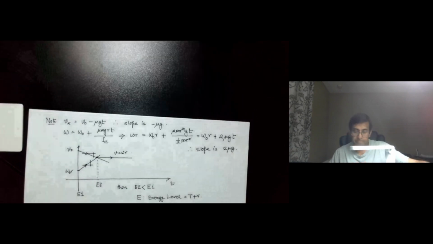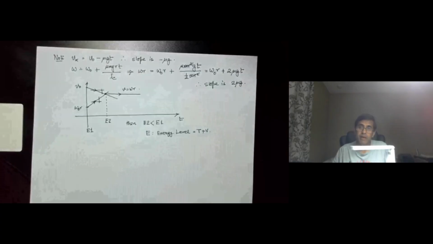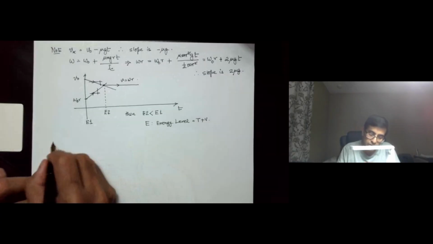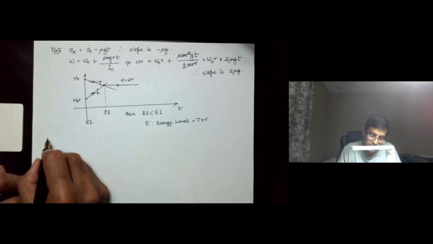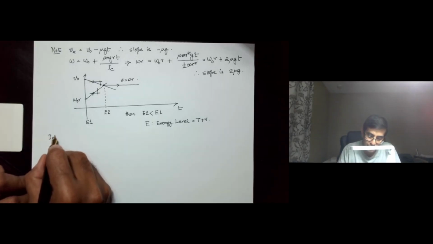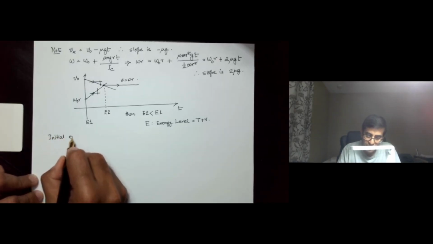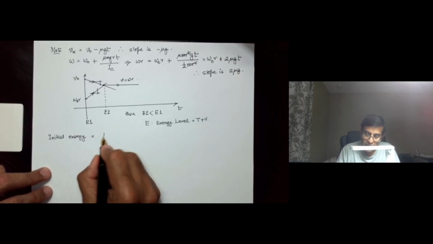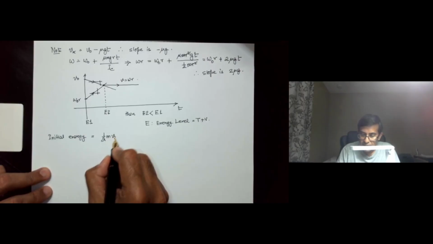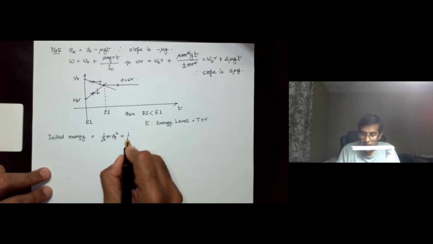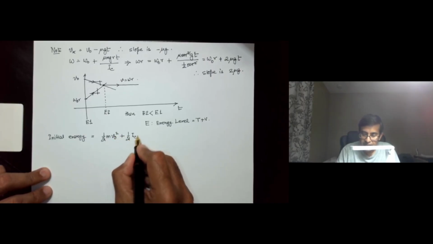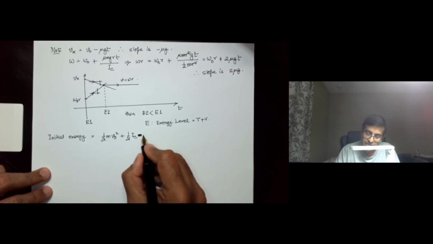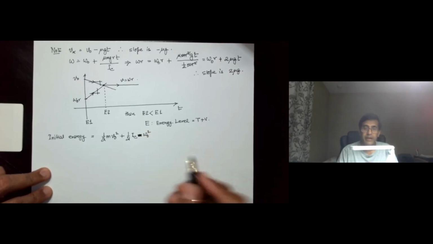Okay, so when the rolling without slipping starts, so initial energy is equal to half m v naught squared plus half IC omega naught squared.